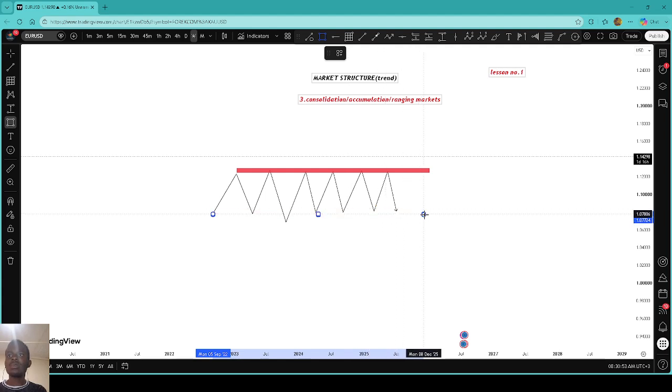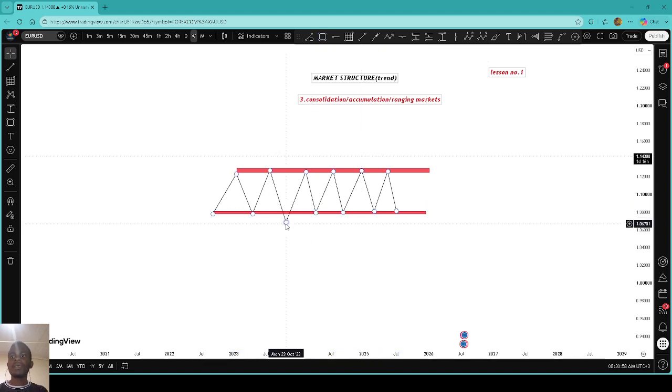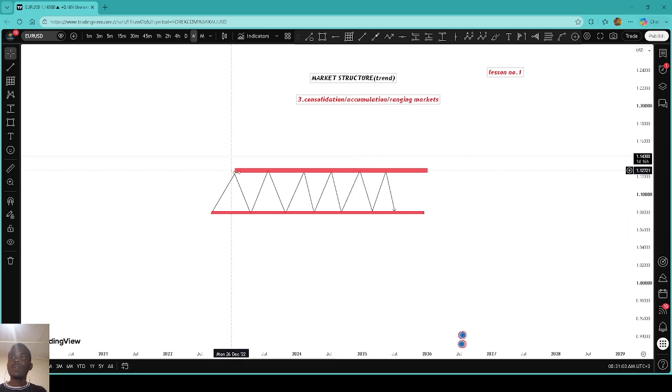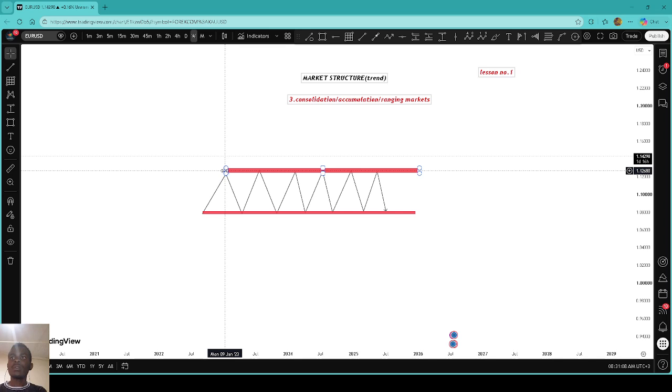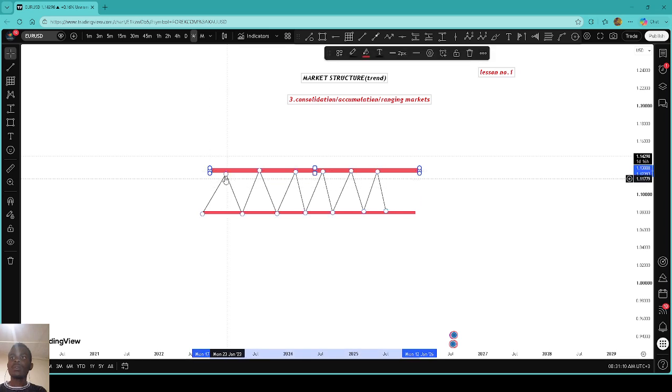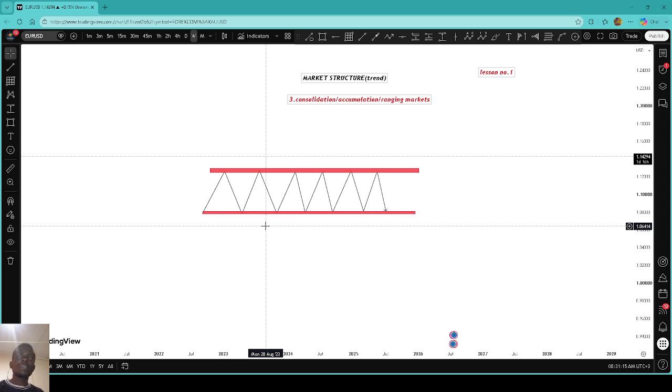So the price runs in between a certain area. So the market is now moving in between a certain range. It could be a certain price range.